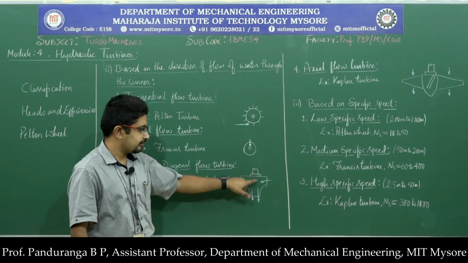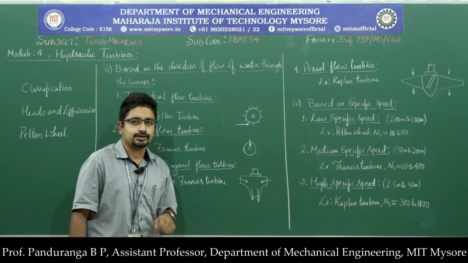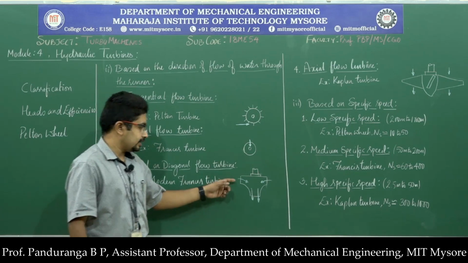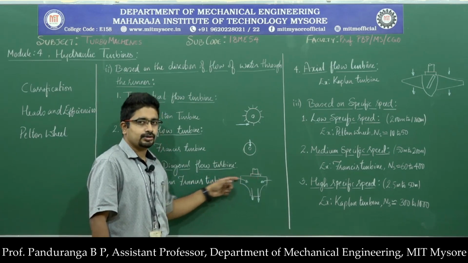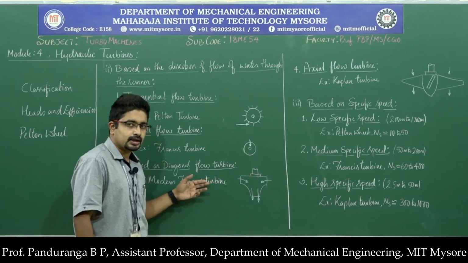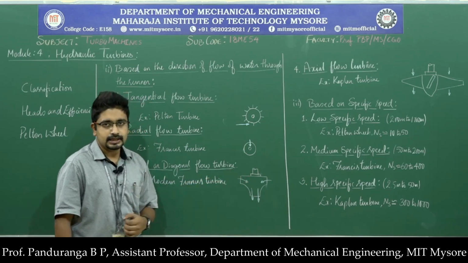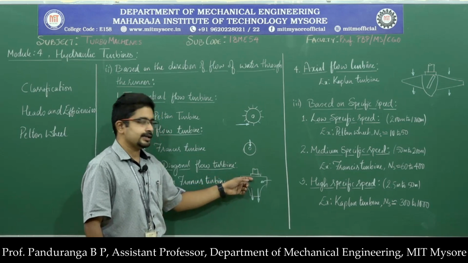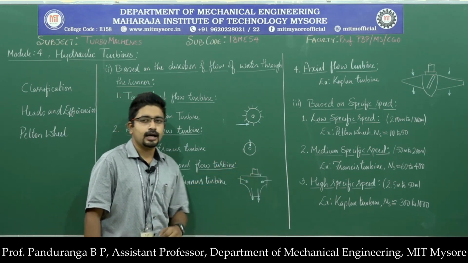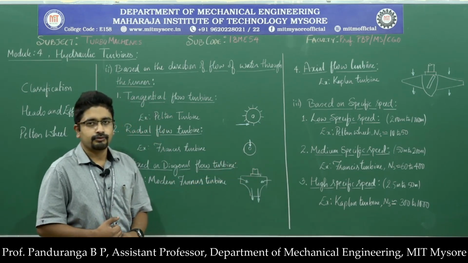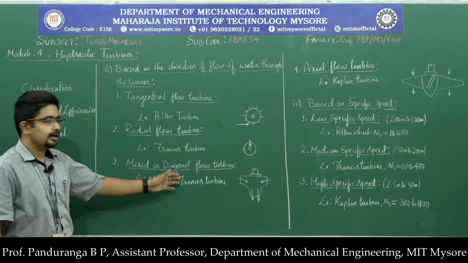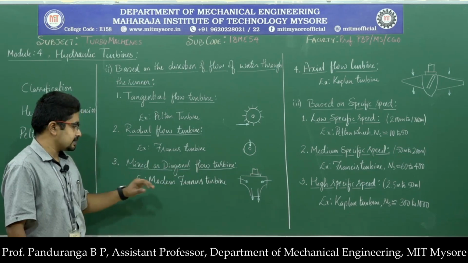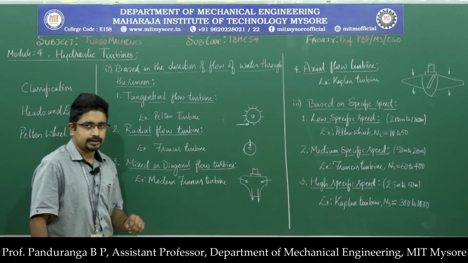So this is the shaft, the water is leaving parallel to the shaft, then we call it axial flow, and it is entering towards the center of the shaft, that becomes the radial flow. So we have radial at the inlet and axial at the outlet. So this kind of flow we call mixed or diagonal flow turbines. The best example is modern Francis turbine.